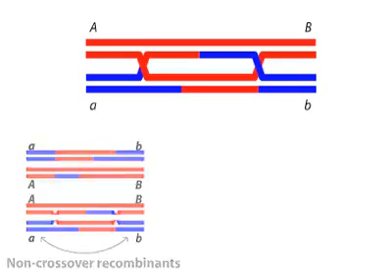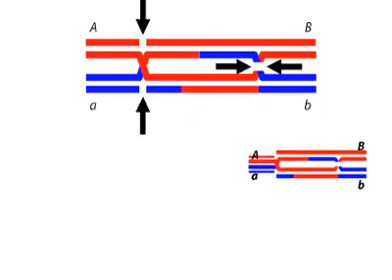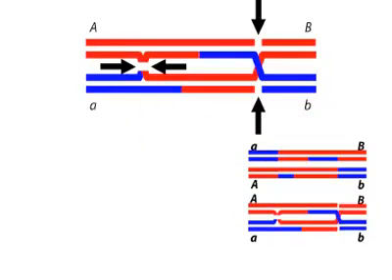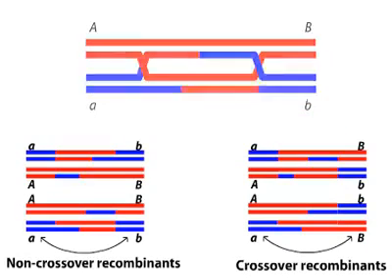The other 2 combinations of cleavage and rejoining generate crossover recombinants. All recombinants include heteroduplex segments.